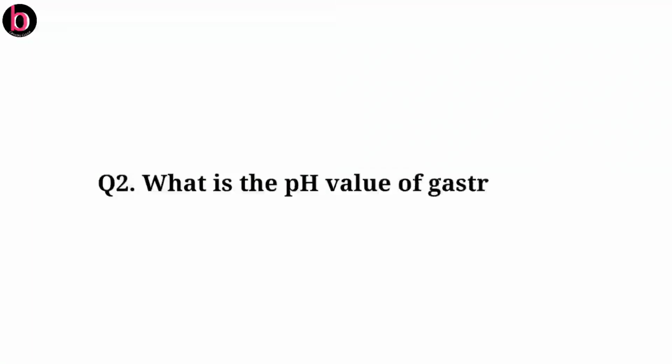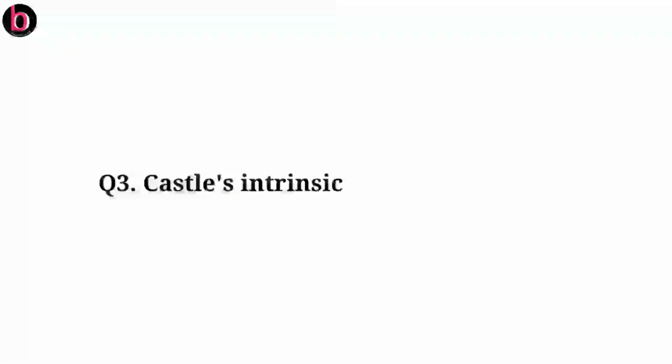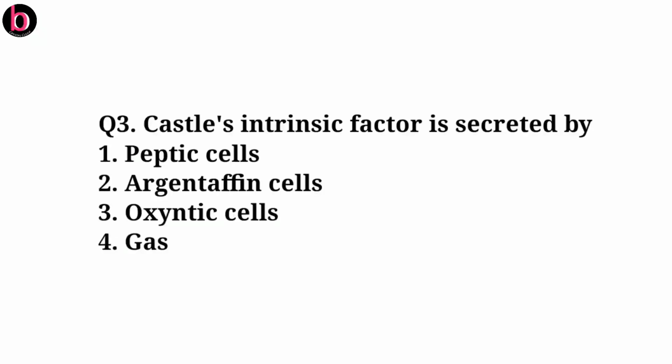Question number 2: what is the pH value of gastric juice? 6.8, 7.8, 1.8 and 8.8. The third and last question: Castle's intrinsic factor is secreted by peptic cells, argentaffin cells, oxyntic cells and gastrin cells.